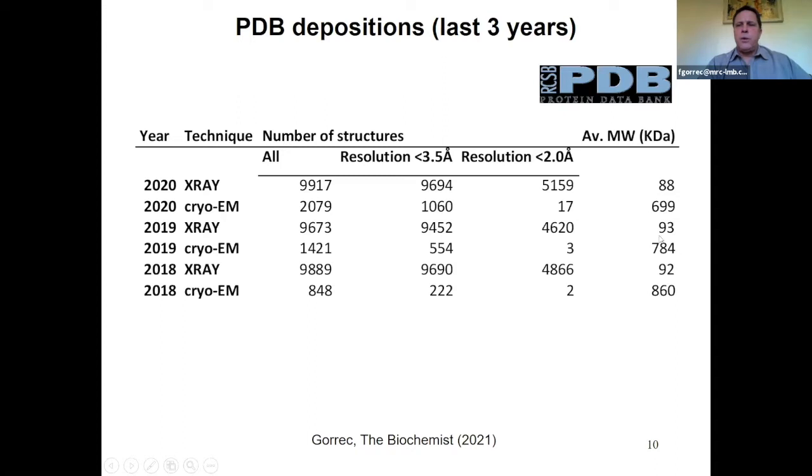Of course, where there's no comparison is the size of the structures that are solved. Cryo-EM is much more interesting when it comes to larger complexes. So X-ray crystallography starts to be seen more and more as a complementary technique, but it's still strong.